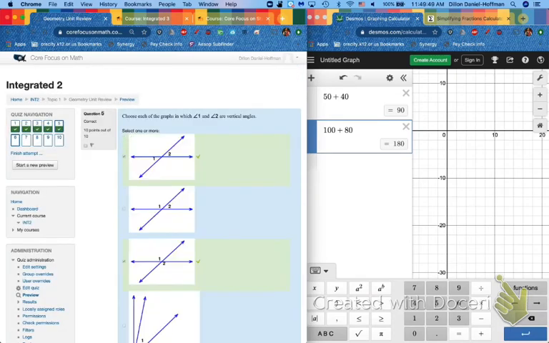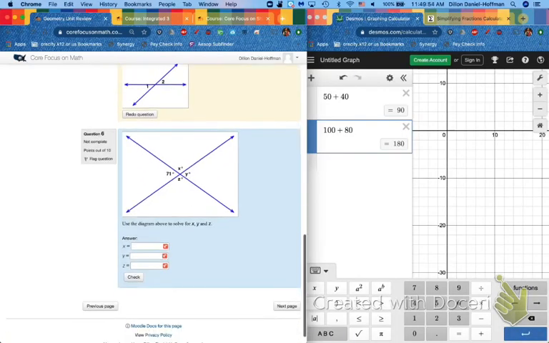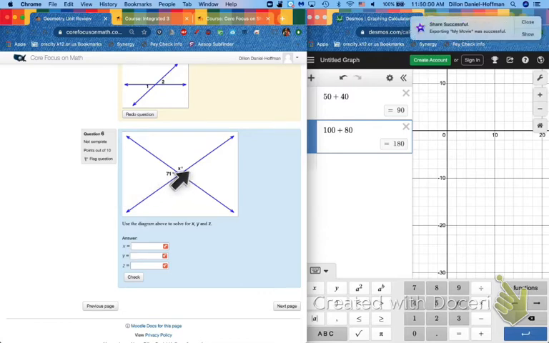All right, then we have this nice problem that helps us review lots of different things. So if this is 71, we just learned that the angle across from it, y, is also 71. So whatever angle you have here, y is also the same angle.